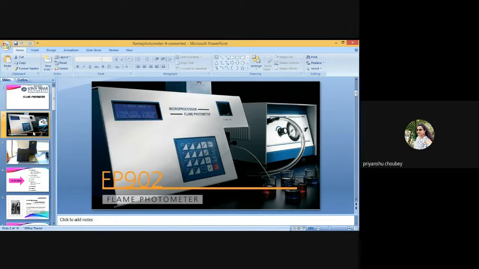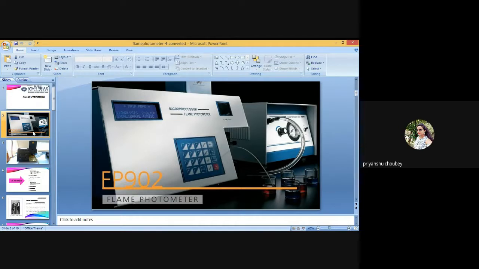The development of double beam AAS and ICP-AES instruments, despite their higher cost, has completely replaced the flame photometer in many laboratories in advanced countries.